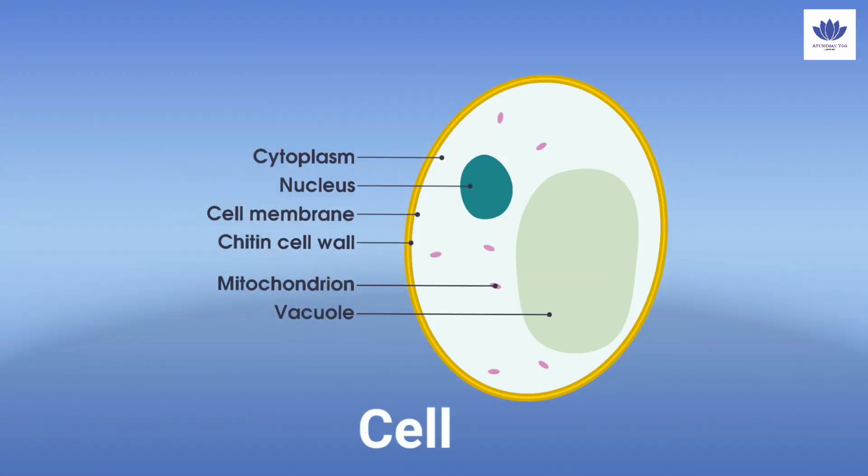Okay, so let's begin with the fundamental concept. The basic unit of the human body is referred to as the cell. The basic structure of the cell includes the cell membrane, which is the outer lining of the cell, the center of the cell, which is the nucleus, and between these two, there is a gel-like fluid, which is called cytoplasm.